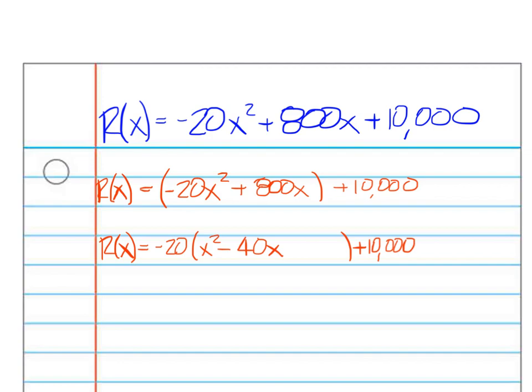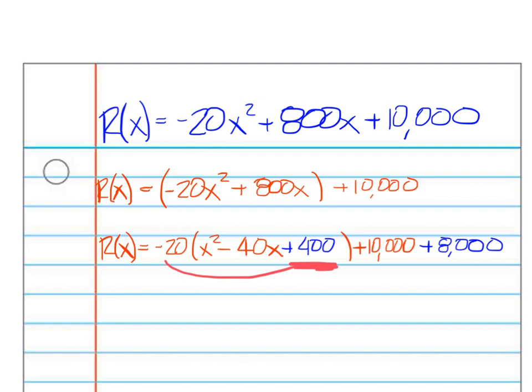We need half of the middle term. Half of 40 is what? 20, and if we square 20, what do we get? 400, right. But look what's happened here. We've added 400 in the parentheses, but that's not what we've really added to the function. We've added negative 20 times 400. That's minus 8,000, so we've really subtracted 8,000.